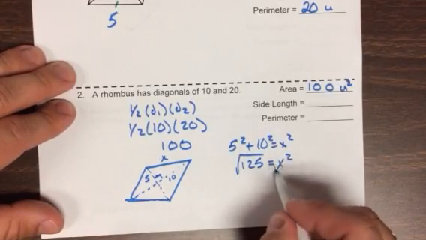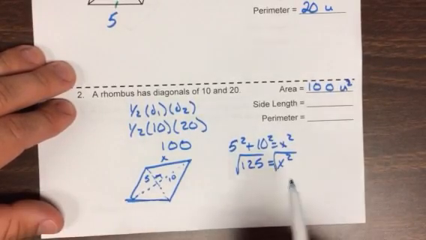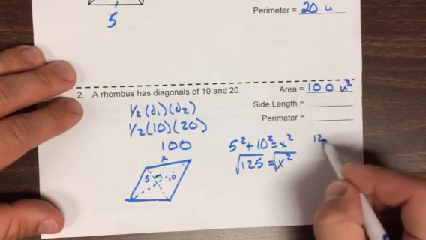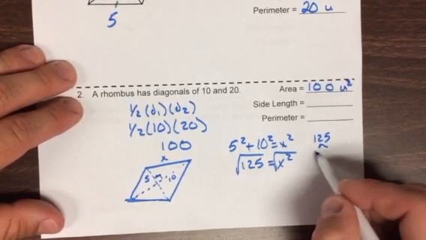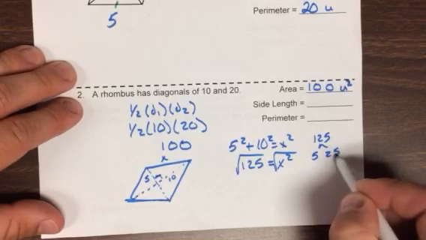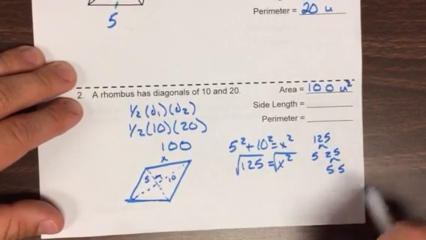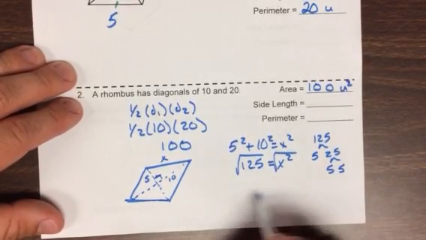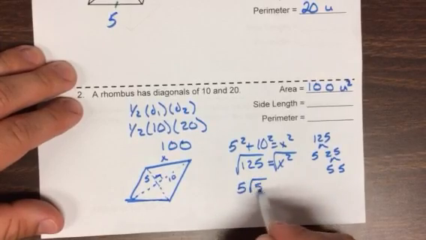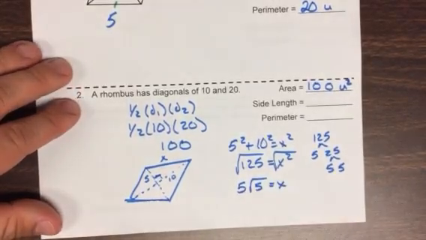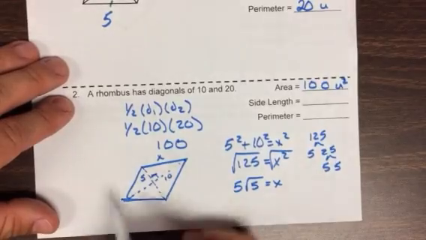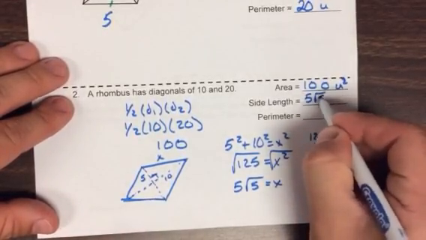Take the square root. So 125 splits up into 5 times 25 and 5 times 5. So I've got a pair of 5s. I can say that it is 5 radical 5 equals x. So each side would be 5 radical 5.